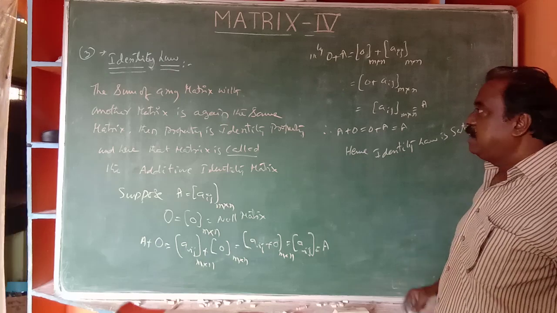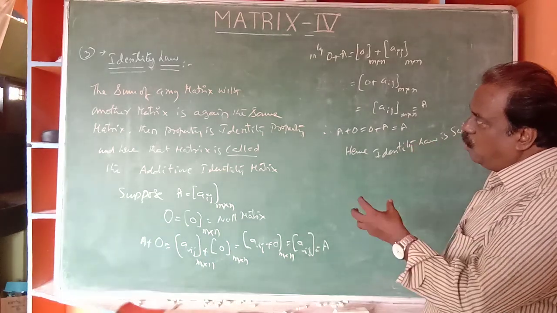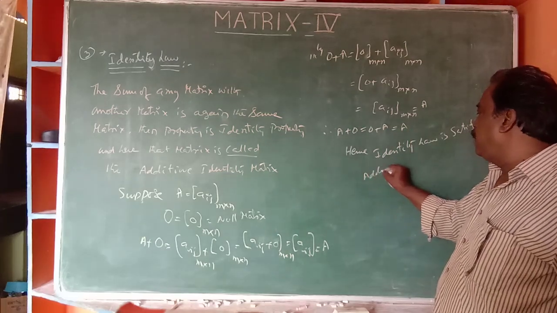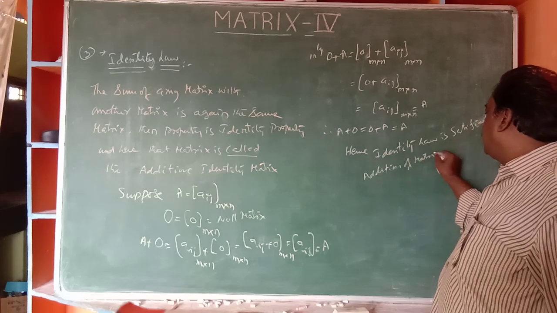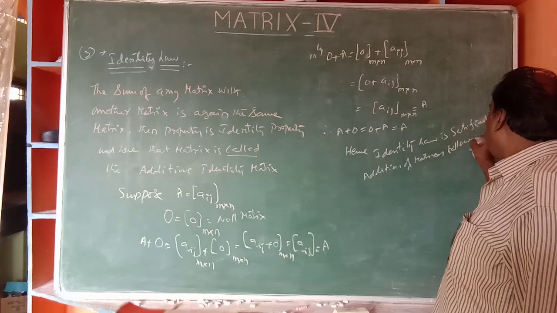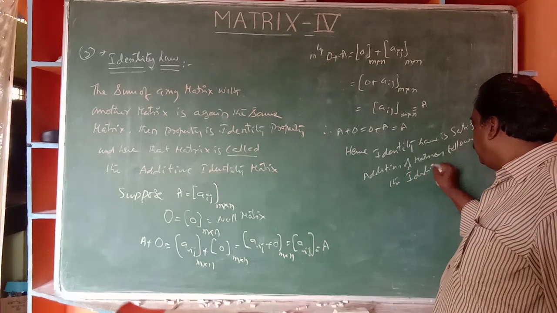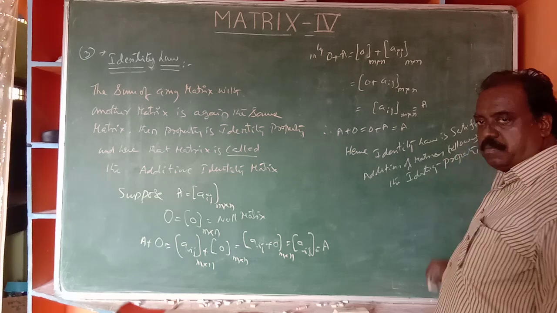Thus, the identity property is followed by the addition of matrices, or we may say addition of matrices follows the identity property. Okay, we may say like that also.